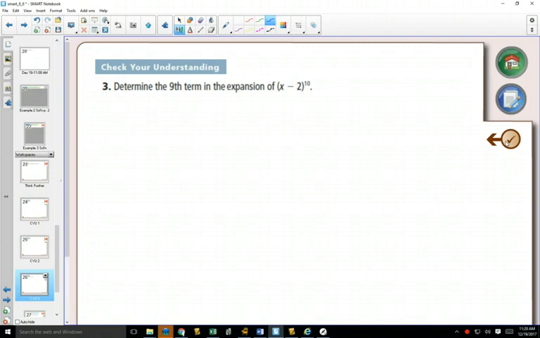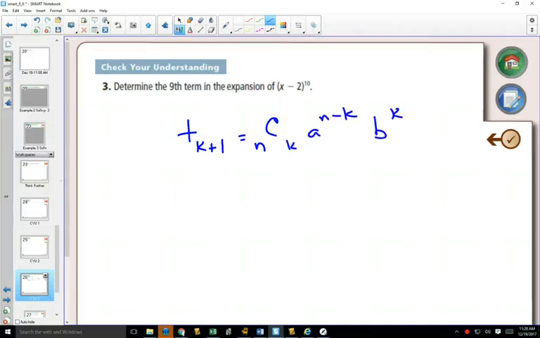You would have your formula on your formula sheet. I'll rewrite it here. You want to find term 9. If I want to find term 9, that already tells me my k value is going to be 8. My n value comes from my exponent.